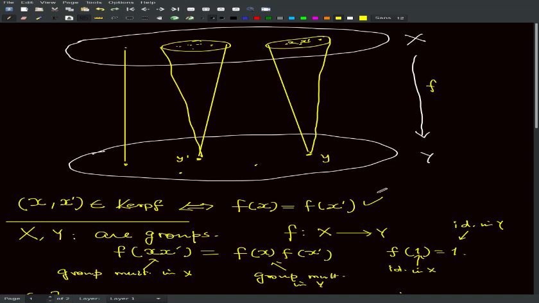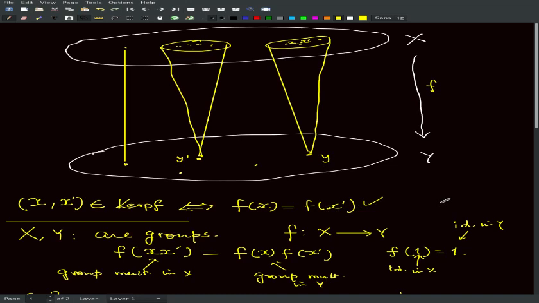Well, you can think of it as if we are in just the previous stage. If you try to interpret this equation in groups, say, or in abelian groups, f(x) is equal to f(x prime). So that means f(x) times the inverse of f(x prime) would be 1, but the inverse of f(x prime) is f of x prime inverse, and then f of x prime inverse is 1.